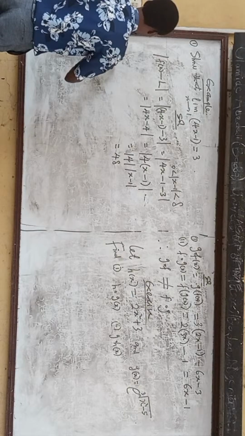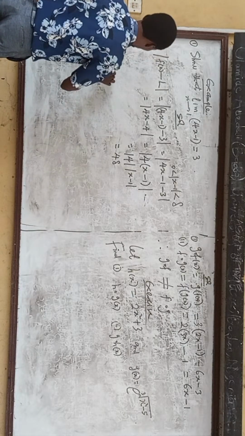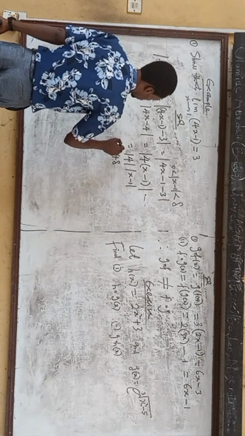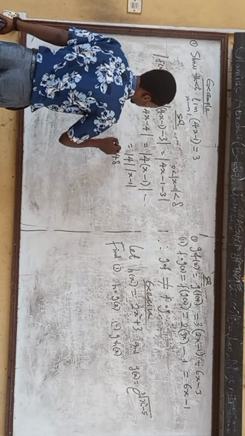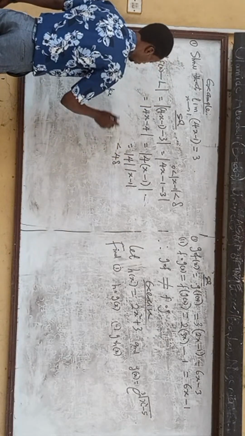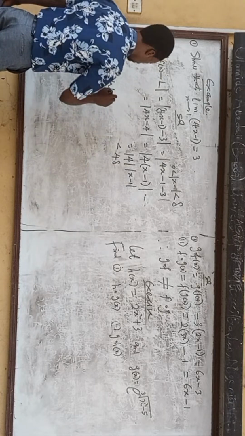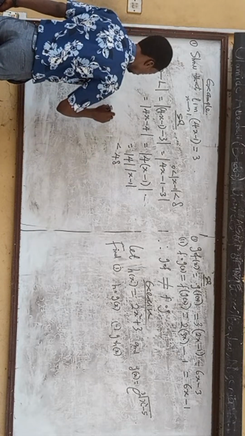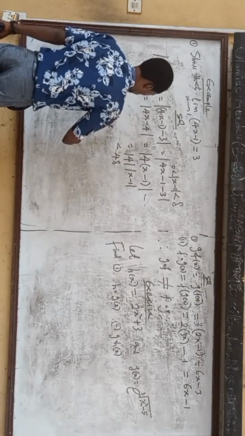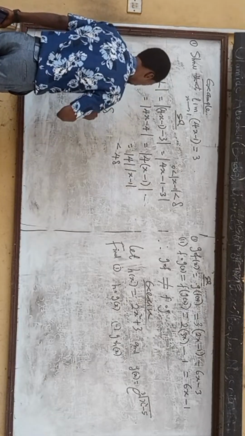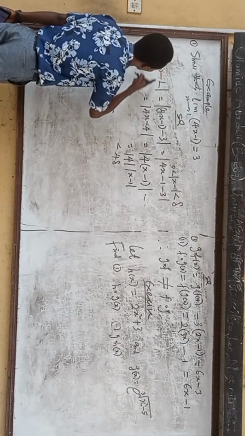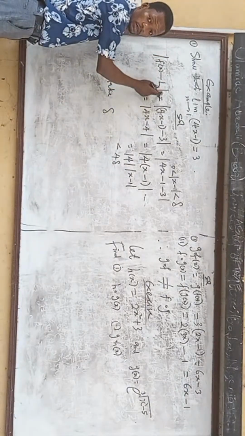So what should be our epsilon? Because this should be less than epsilon, we are assuming this. We are seeking for delta, okay? So what would delta be so that we can have this less than epsilon?